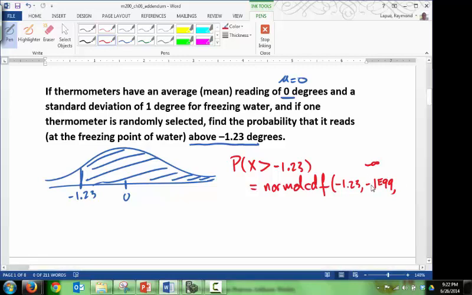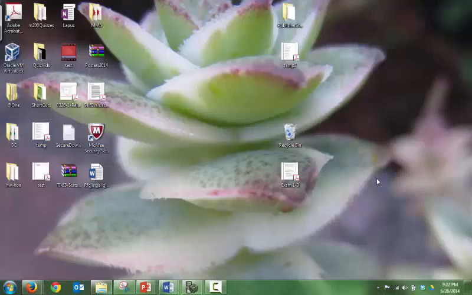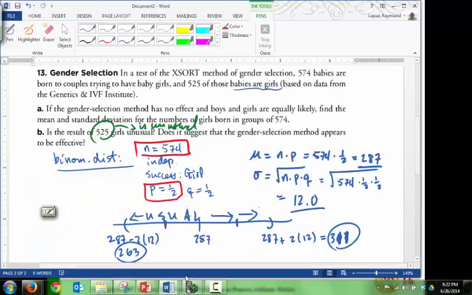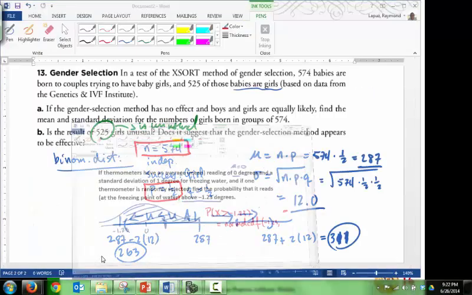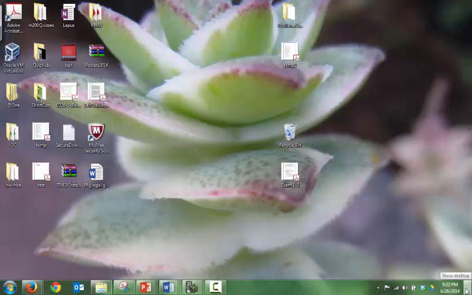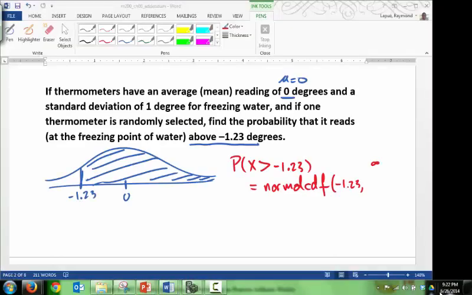Oh, sorry, it's positive. Thank you. Okay, so 1e to the 99. So either the symbol infinity or 1e to the 99 because you're writing it by hand anyways.